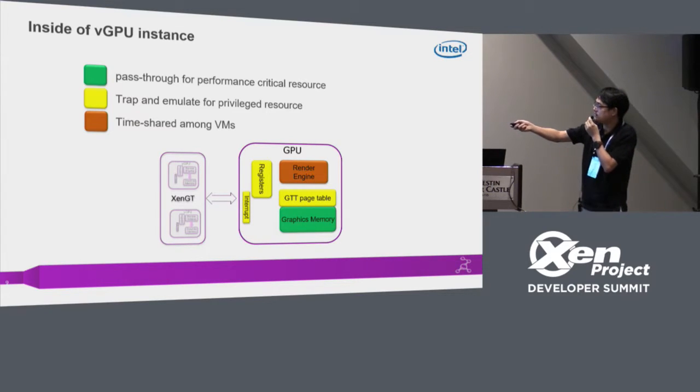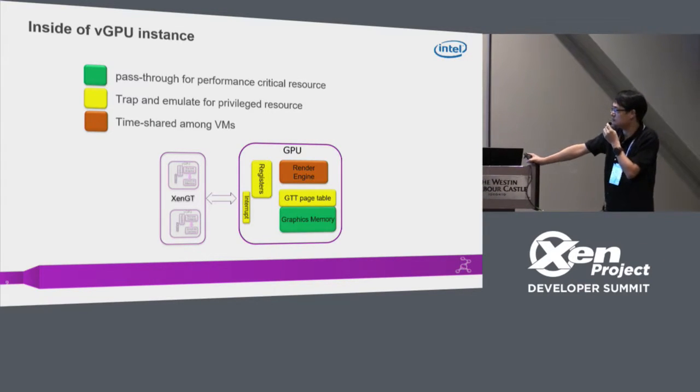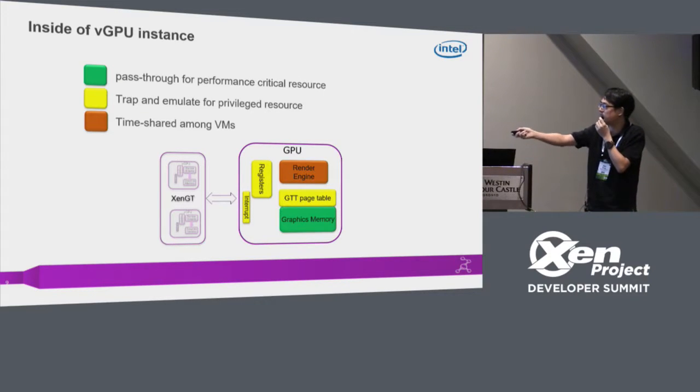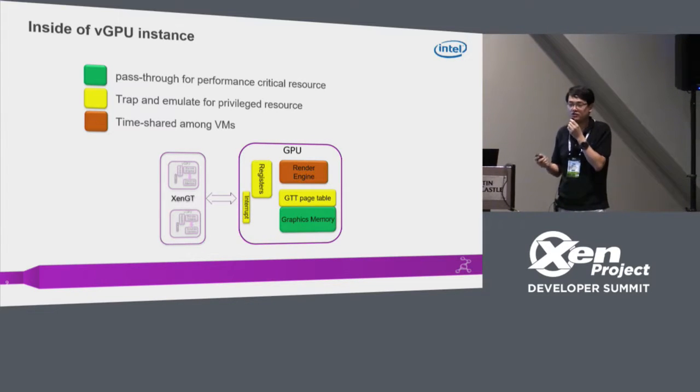And the last part is the render engine side. The render engine takes the 3D workload, 2D workload, and media workloads, and almost everything goes through these render engines. It will read the page tables and access the graphics memory directly. But the render engine on XenGT is time-slice partitioned.